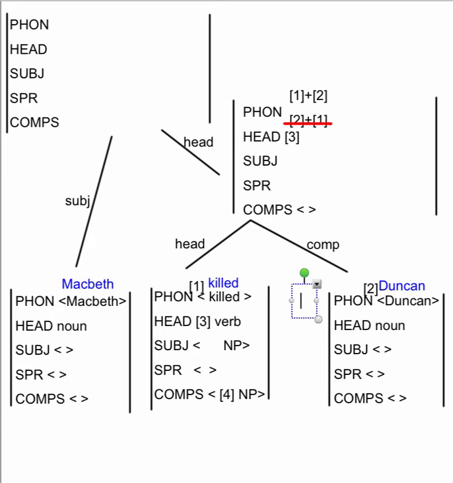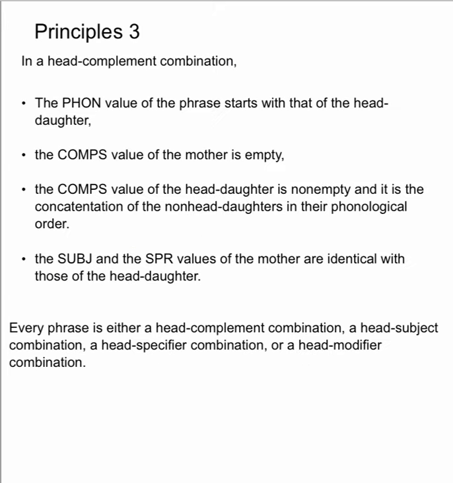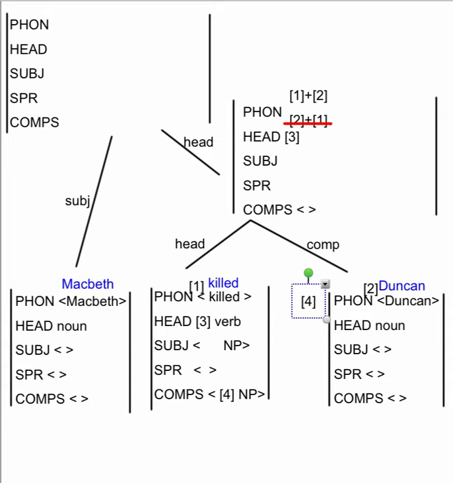And this is exactly the non-head daughter. If you go back to the principle, it says the comps value of the head daughter is non-empty, and it's the concatenation of the non-head daughters in their phonological order. So here we just have one non-head daughter, it's just one element on the list, and this is exactly the non-head daughter.